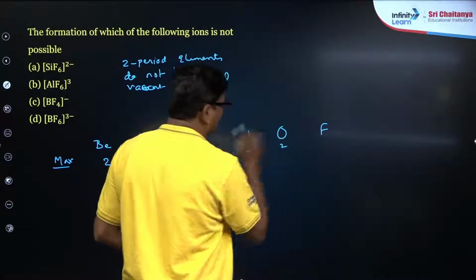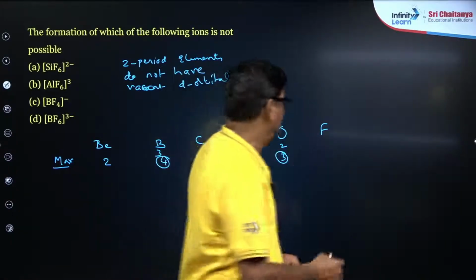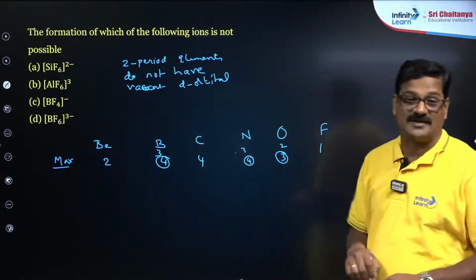Oxygen generally forms 2 bonds and can have 3 bonds by donating an electron. Fluorine can always give only 1 bond.